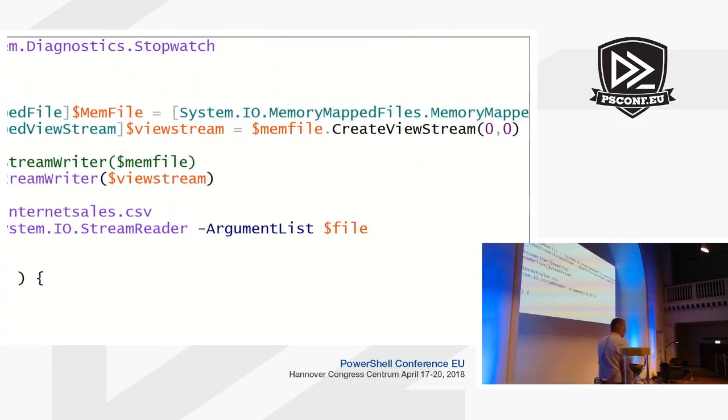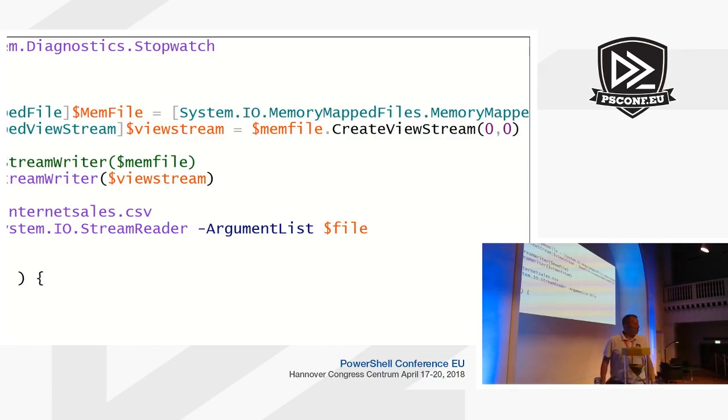You need that, and your stream readers and stream writers need to connect to this view stream. I got it to work without doing that. I just made a stream reader or a stream writer directly on the file, and I figured that makes it cooler for me, because I don't have to estimate the file size anymore for the memory, and all the problems went away until I noticed that all I did was create an actual file named system.io.filestream somewhere on a directory.